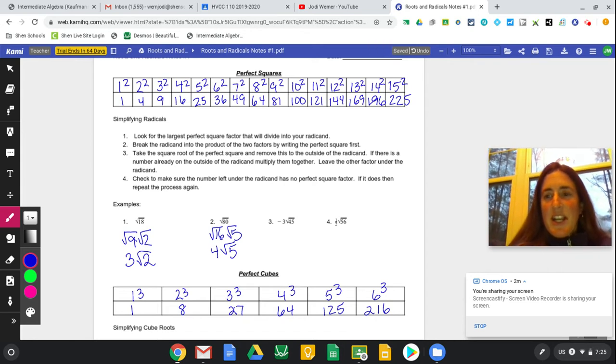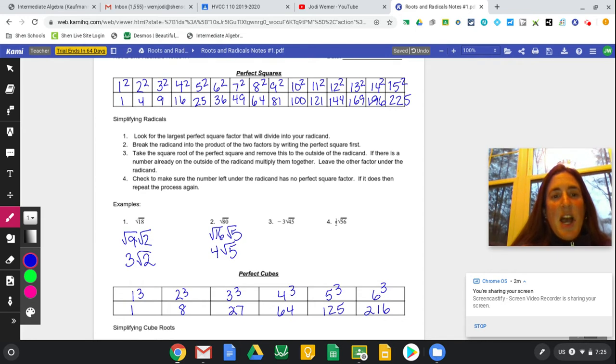Oh, somebody put a negative 3 in front of radical 45. If you look up at the top, it tells us if there's a number on the outside of the radicand, we are going to multiply this by the perfect square factor that comes to the outside. So 45 falls between 36 and 49. 36 does not go in, 25, 16, but 9 is my perfect square factor.